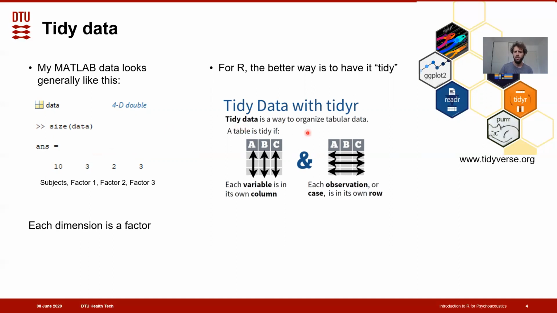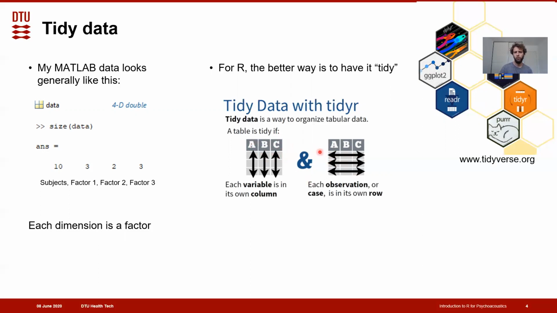So it's set up in tabular form. So you have different columns, and each column is one variable or one factor. And then you have rows, and in each row is one observation. So for example, you might have, as I talked before, the subjects in the first column, the factor 1 in the second, the factor 2 in the third, and the factor 3 in the fourth.